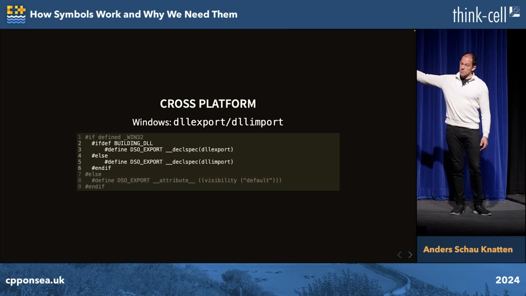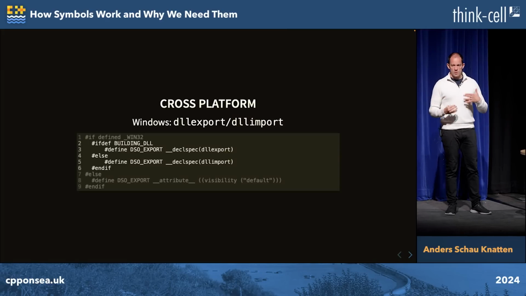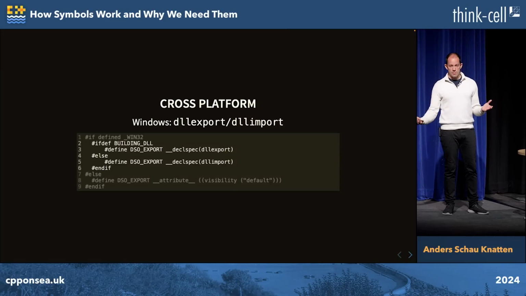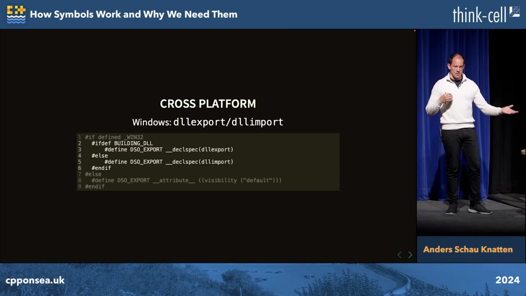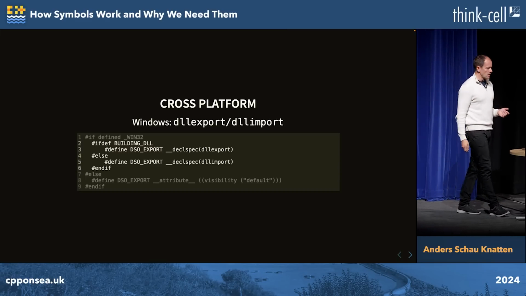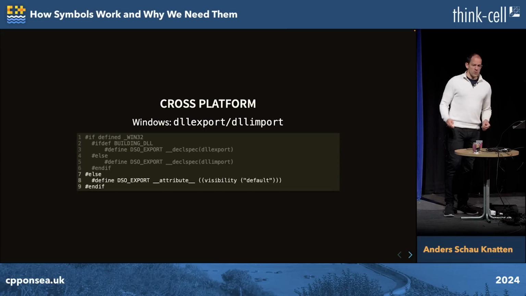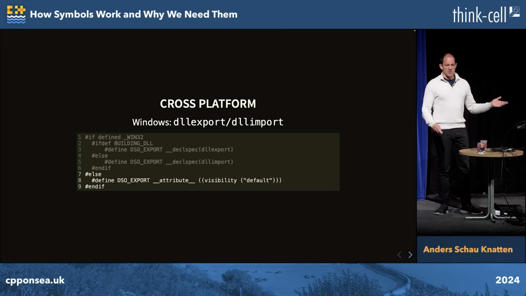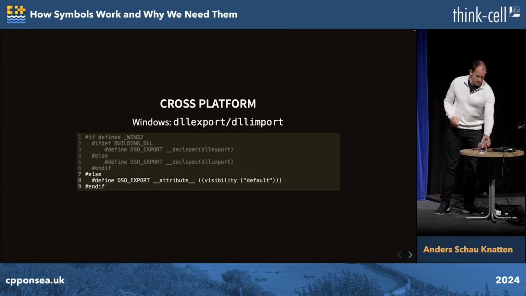So this would also then be prefixed with my company name or something. And they will then not set this. So now the same macro means DLL import. So then the same header file can be shipped to the customer, and it means export or import depending on whether you're building the DLL or whether you're using it. And if you're not on Windows, you just do what we already saw for Linux. You just say DSO export means attribute visibility default. So it's simpler.